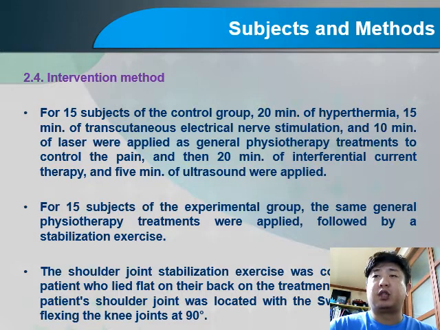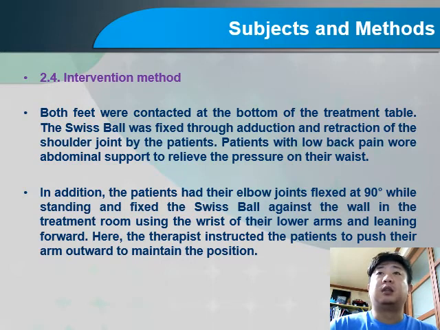The shoulder joint stabilization exercises were conducted with the patient lying flat on their back on the treatment table, and the patient's shoulder joint was located on the Swiss ball while flexing the knee joint at 90 degrees. Both feet were placed on the bottom of the treatment table. The Swiss ball was fixed through adduction and retraction of the shoulder joint by the patient.